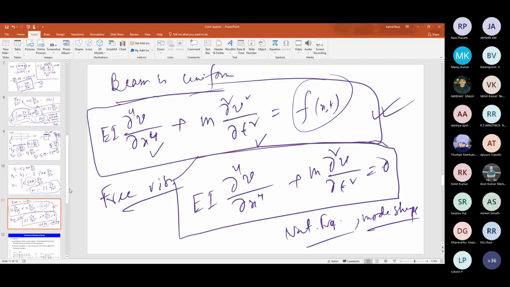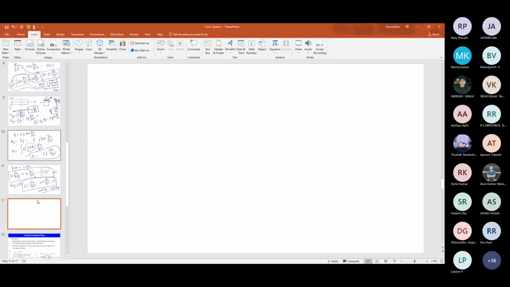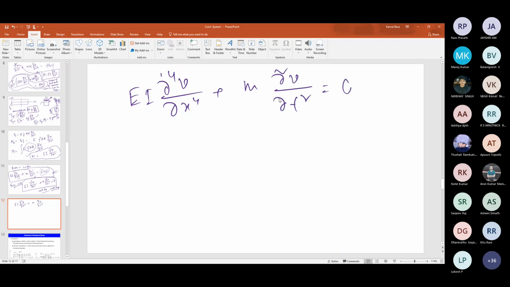Okay. Now, to solve this, let me write the equation again: del 4 v by del x to the 4 plus m del 2 v by del t squared equals 0. Free vibration problem, right?